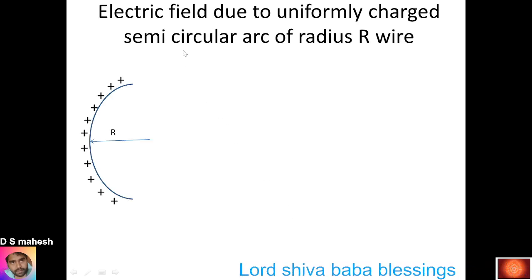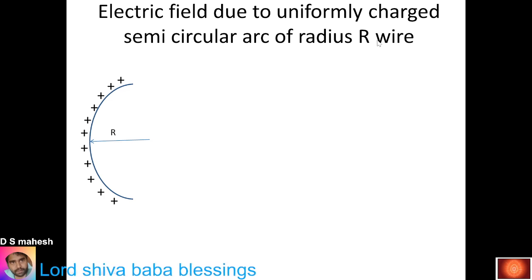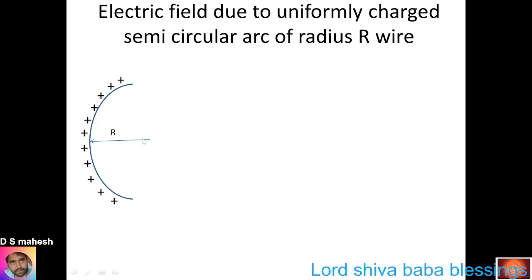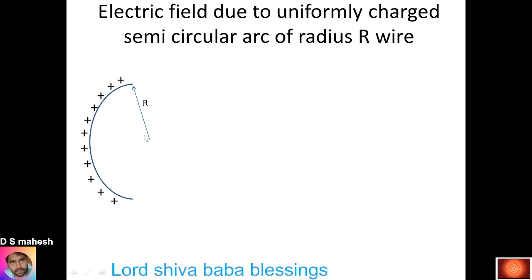Now let us consider what is the electric field due to uniformly charged semicircular arc of radius r of a wire. So if the same infinite line is bent in order to form a wire, then what would be the electric field intensity at a distance which is equal to radius of that arc?